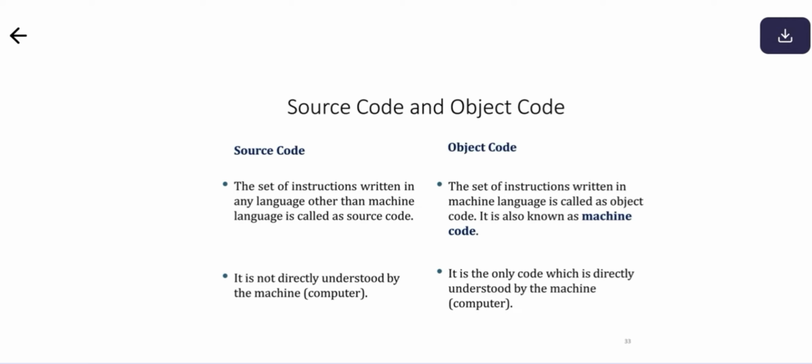And that is called the source code. While the object code is a set of instructions written in the machine language. It is a language that the computer directly understands.